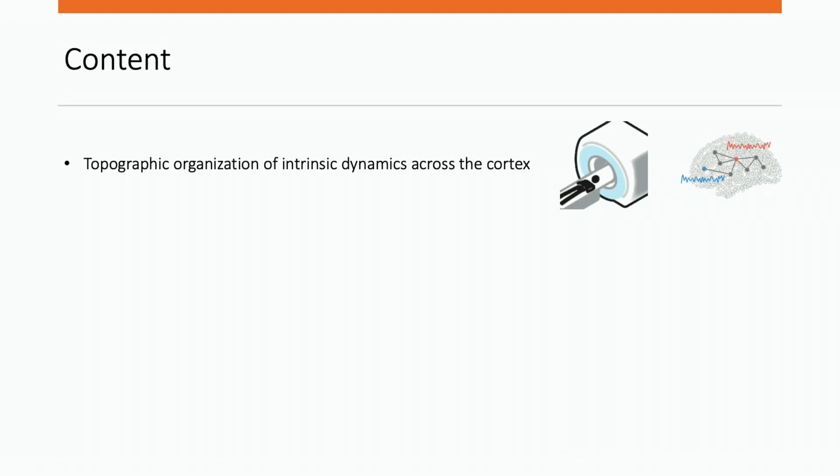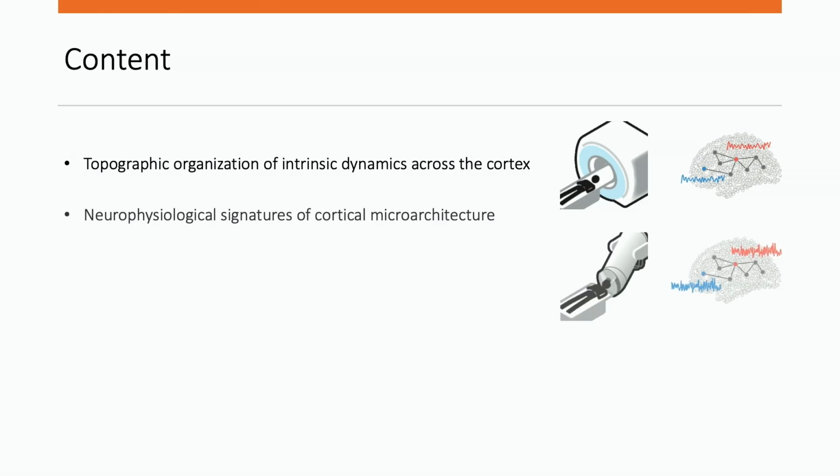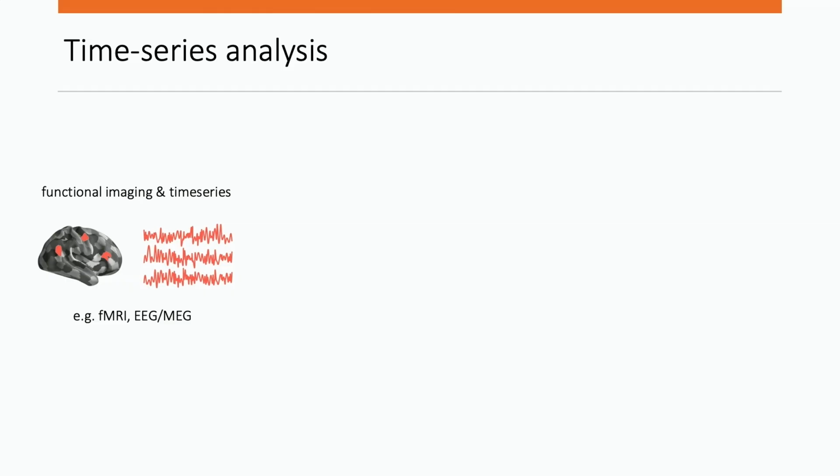So altogether, what this talk is going to be addressing is what is the organization in terms of topography of the brain's intrinsic dynamics across the cortex? How are those cortical microarchitectural properties, how do they signal their own presence in terms of neurophysiology? And what can we do with them for understanding perturbations of the brain, which once again is the topic of this symposium. So let's get started in terms of reconsidering our relationship with time series.